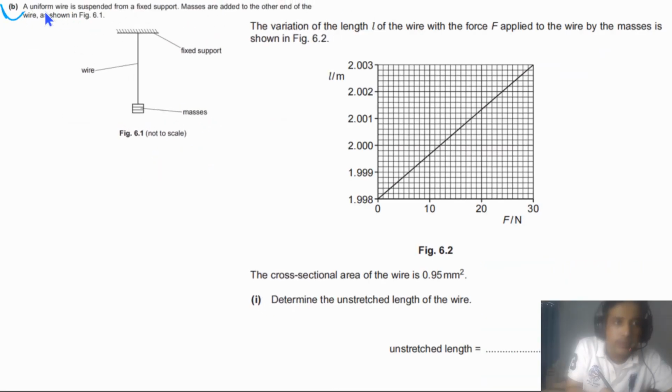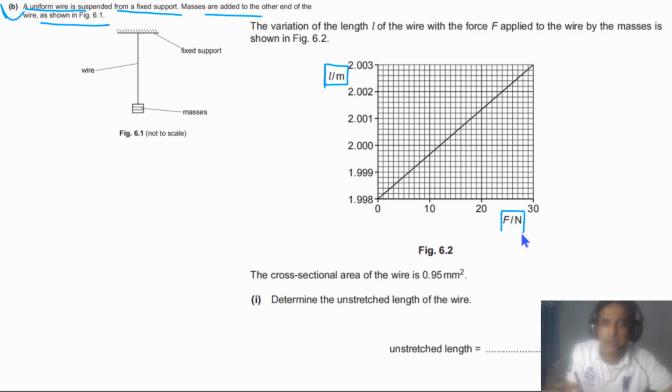Part B says a uniform wire is suspended from a fixed board. Masses are added to the other end of the wire as shown in figure 6.1, and a graph between length of the wire and force is given to us, and the cross-sectional area of the wire is given, that is equal to 0.95 millimeters square. We need to determine the unstretched length of the wire.